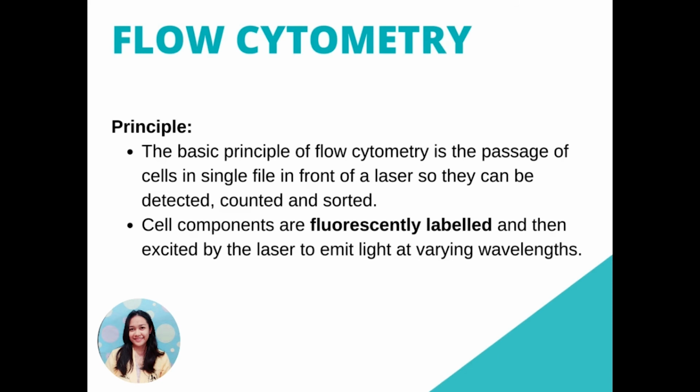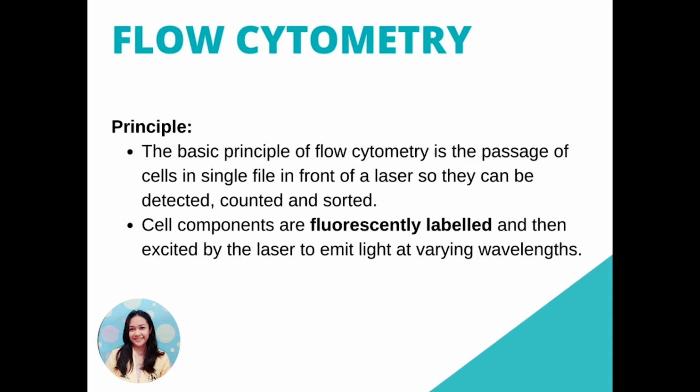Flow cytometry. The basic principle of flow cytometry is the passage of cells in single file in front of a laser so they can be detected, counted, and sorted. Cell components are fluorescently labeled and then excited by a laser to emit light at varying wavelengths.